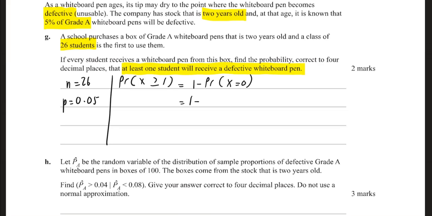And that's going to be 1 minus 26 choose 0, because we want 0 of the 26 students to be defective, which means 0.05 to the power of 0 multiplied by 0.95 to the power of 26. 26 choose 0 is just 1, and 0.05 to the power of 0 is 1 again. So it's just 1 minus 0.95 to the power of 26. That's 0.7365.